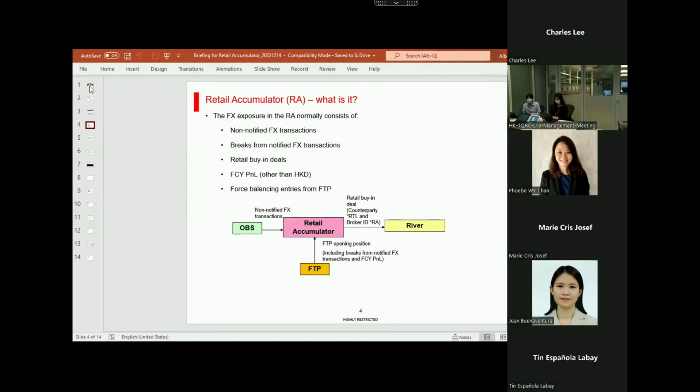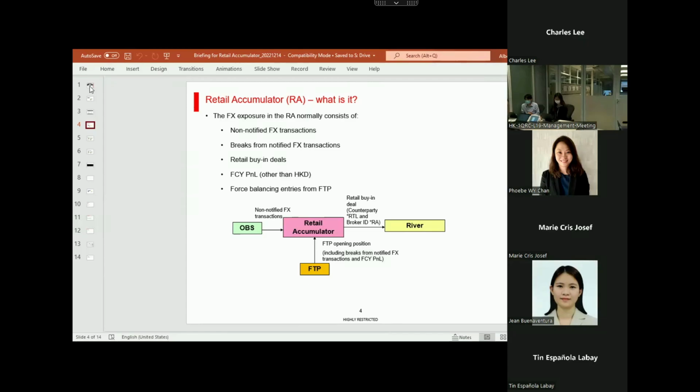That will transfer the exposures from this RA portfolio back to the respective business. For equities, that is the default. So every day you will have a large number of auto buy-in tickets transferring the exposures from RA back to your individual businesses within equities. I think it's similar in other businesses like EM rates, or even within FX as well.